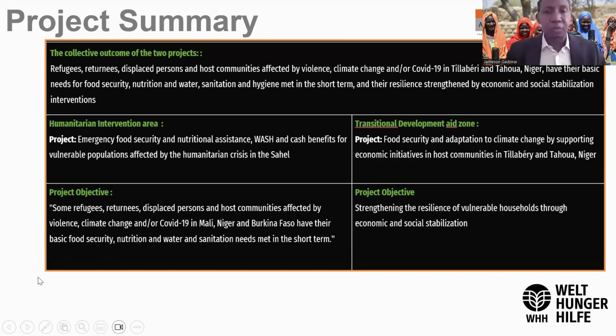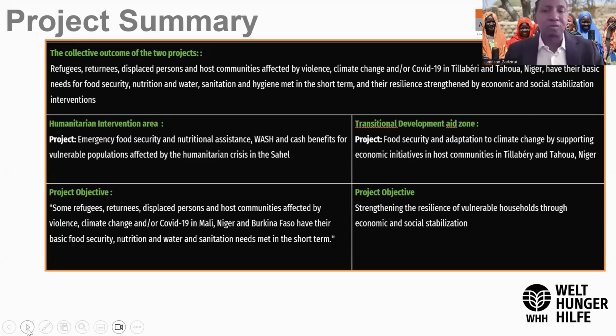So this is the development project where essentially our focus is to provide food security and enable communities to adapt to climate change through the support of economic initiatives, and particularly in host communities in Tillaberi and Tawa. Again, the objective behind that is to strengthen the resilience of the vulnerable households.